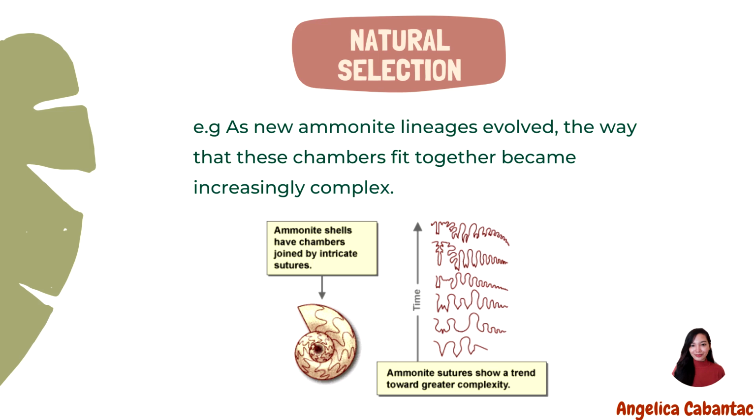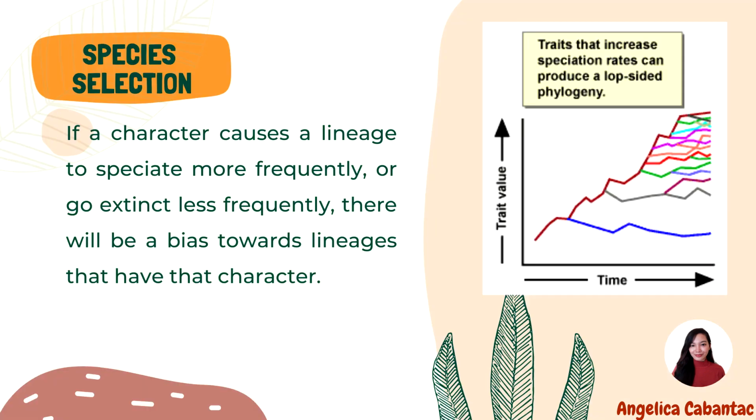As new ammonite lineages evolved, the way that these chambers fit together became increasingly complex. Evolutionary change in the direction of increasing complexity was consistent and may have been caused by natural selection, which favored greater shell strength.